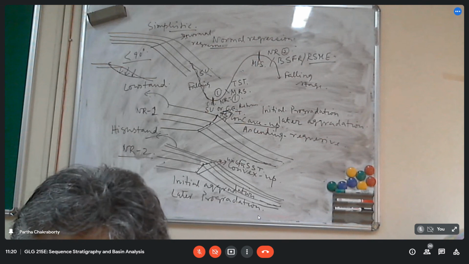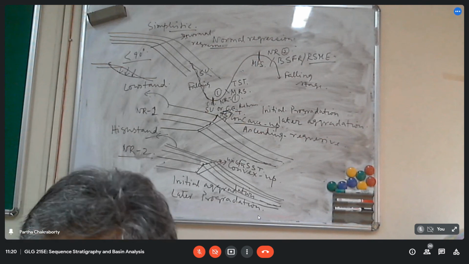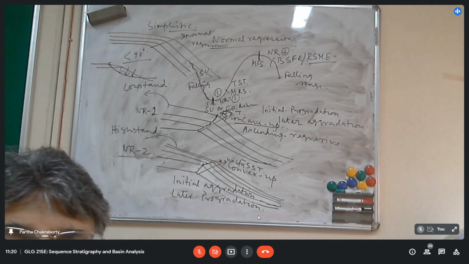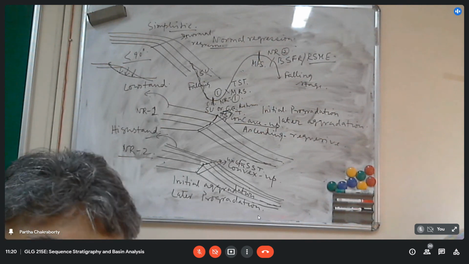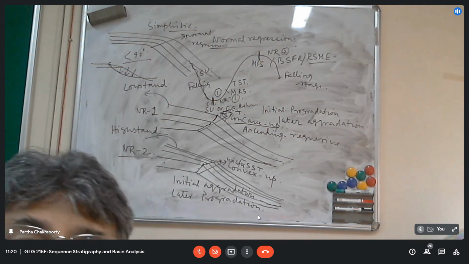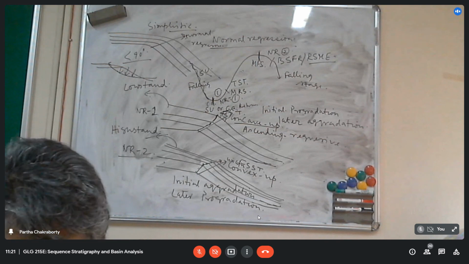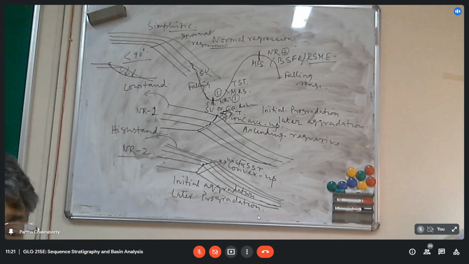No, you have all the criteria, and then you have the indication that it is topped by unconformity. Then you have a normality.